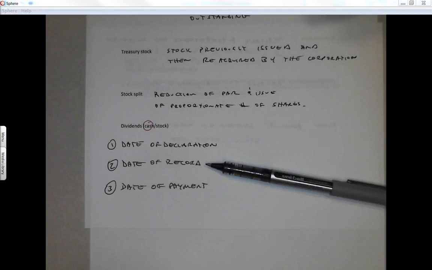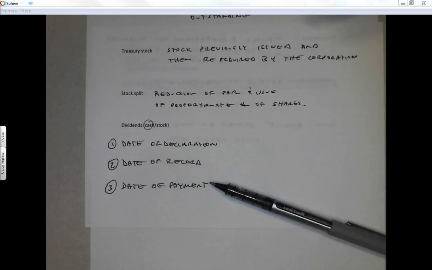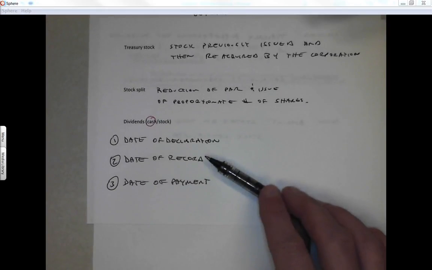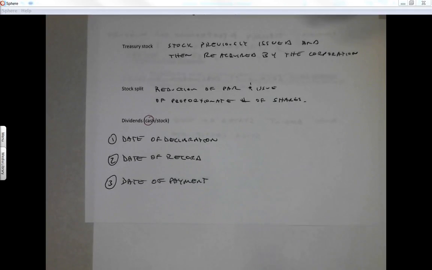We could choose any date we want, but for this example. And we're going to write the checks January 25th. That gives us some time to figure out who the owners of the stock are, write the checks, and get them in the mail. So the three dates: date of declaration, date of record, and date of payment.